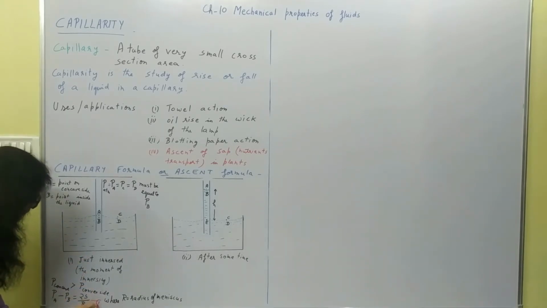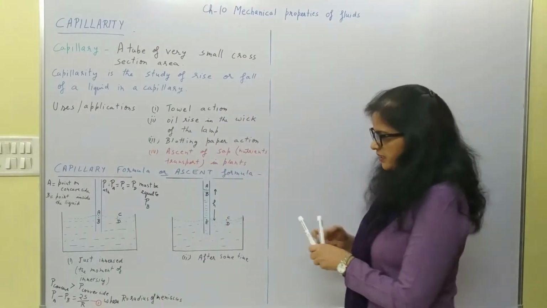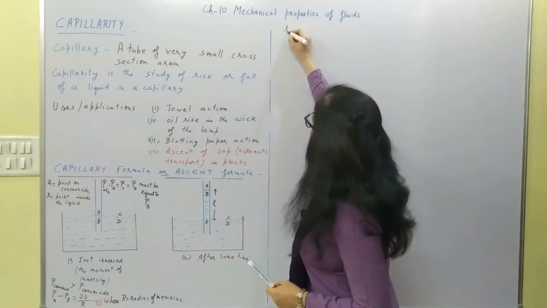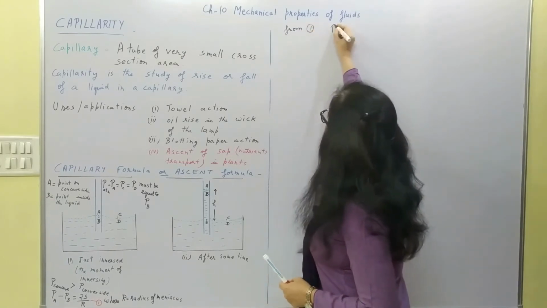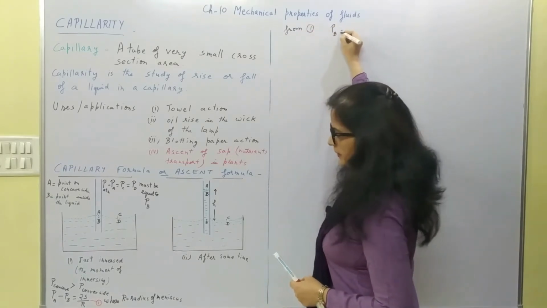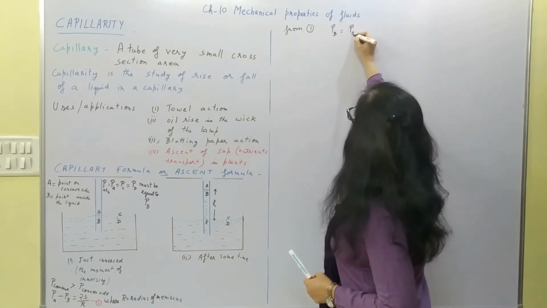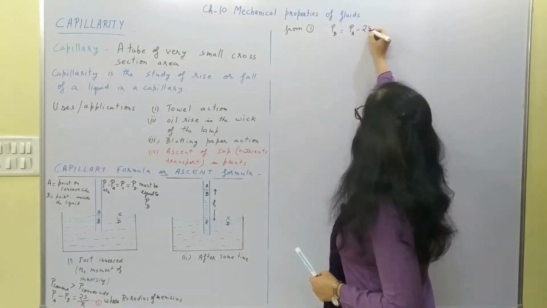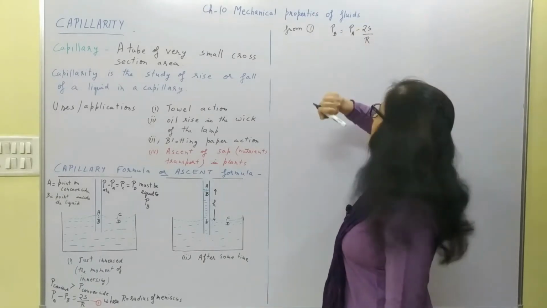if we consider this as equation 1, and from this equation 1 we can write that pressure at B is actually pressure at A minus 2S upon R. Pressure at A is how much? Atmospheric pressure.